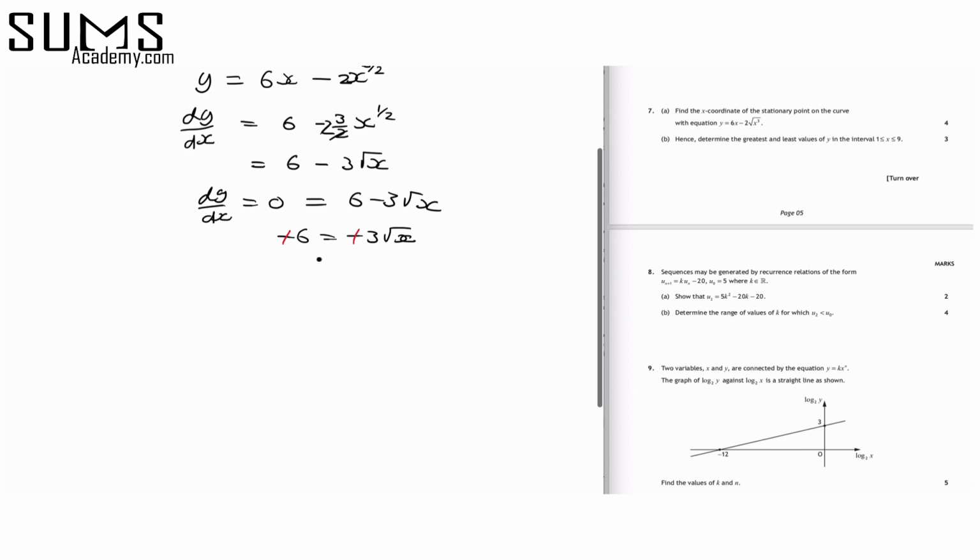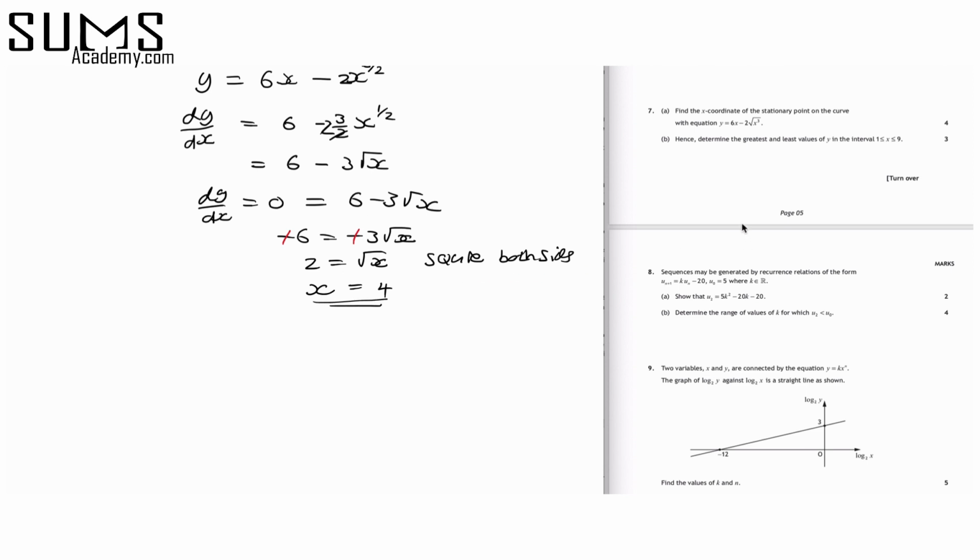You can take 3 over there, that becomes 2 equals root x, so square both sides, and then this becomes x equals 4. And that's it, that's the answer there.